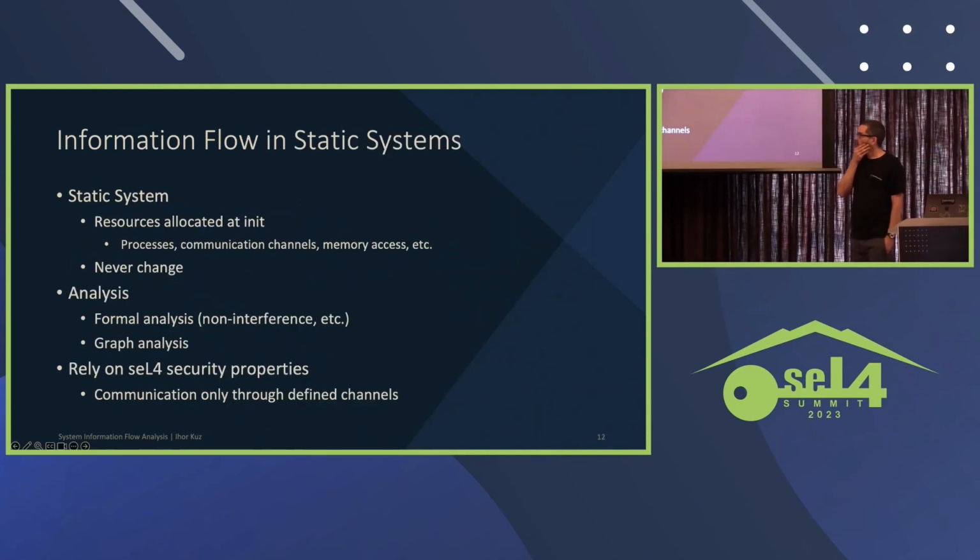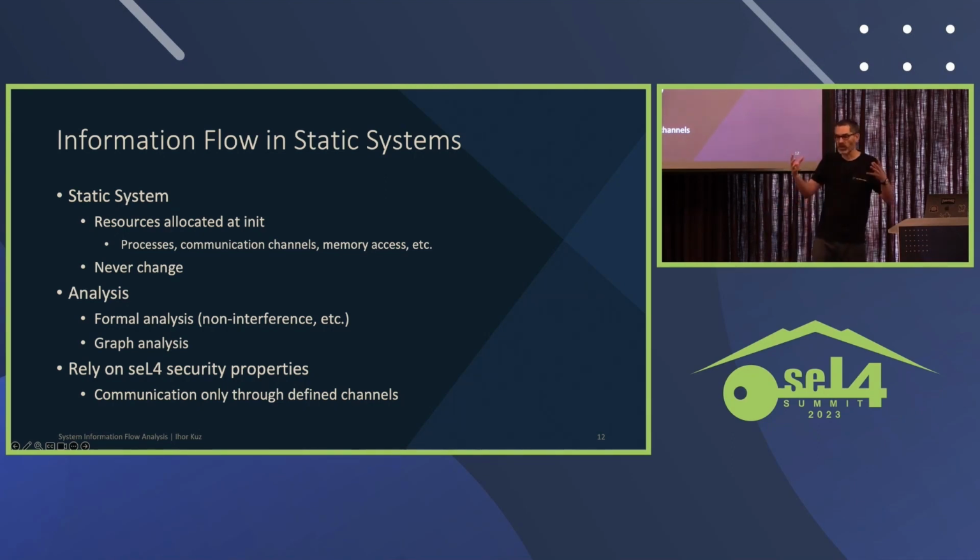So the first thing I want to talk about is information flow in static systems. We've heard a lot about static systems today. These are systems where the resources in the system are allocated at initialization time: what processes or components you have, what communication channels you have, what memory accesses you have, and so on. They're not expected to change at runtime.